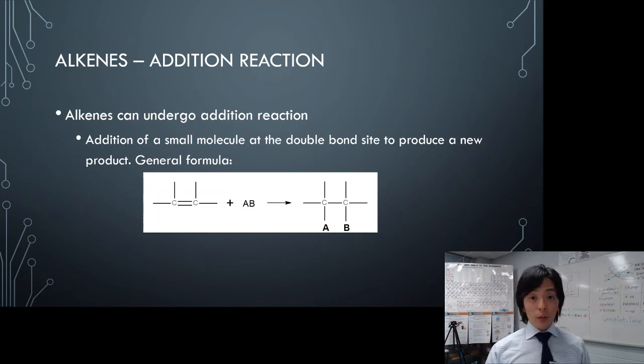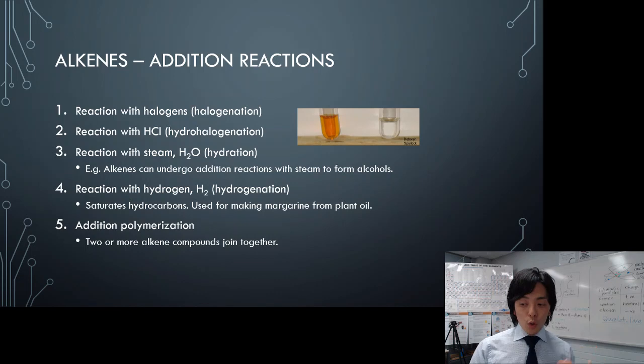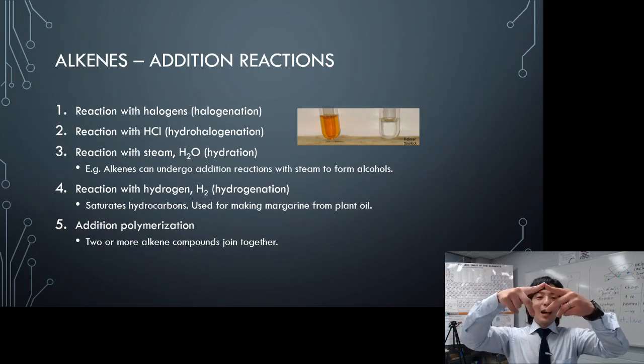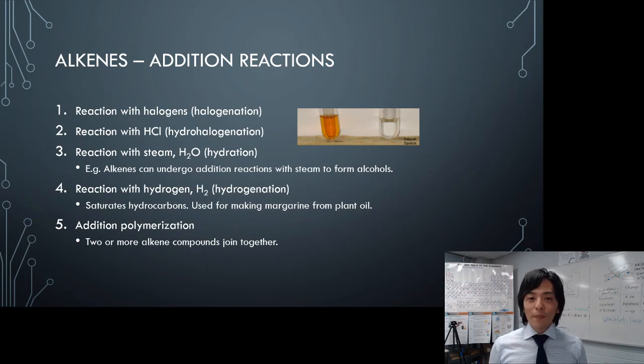Now, AB could differ depending on what you add. First thing that you could do is halogen. You could add Br2, Cl2, F2, and then they can just attach there. Reaction with HCl, H would be attached to this side, and Cl could be attached there.